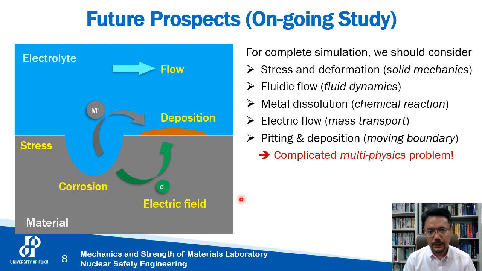In summary, for complete simulation, we have to consider the stress and deformation and fluidic flow and metal dissolution. This is the chemical reaction rate, and the electric flow. This is mass transport and ion transport. And finally, the pitting and deposition. This is a moving boundary problem.